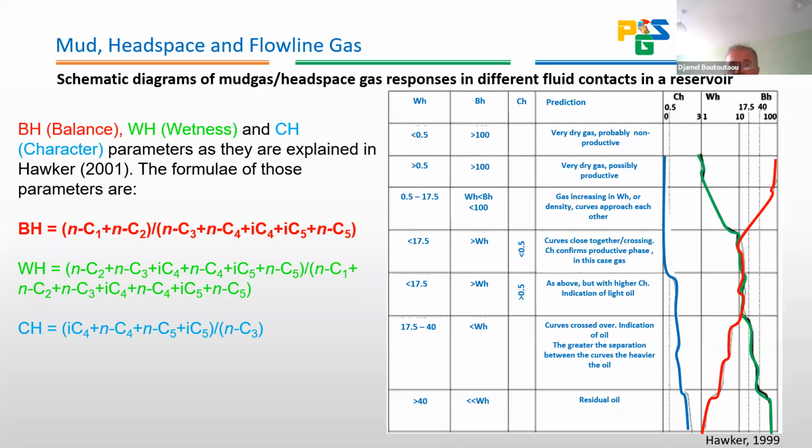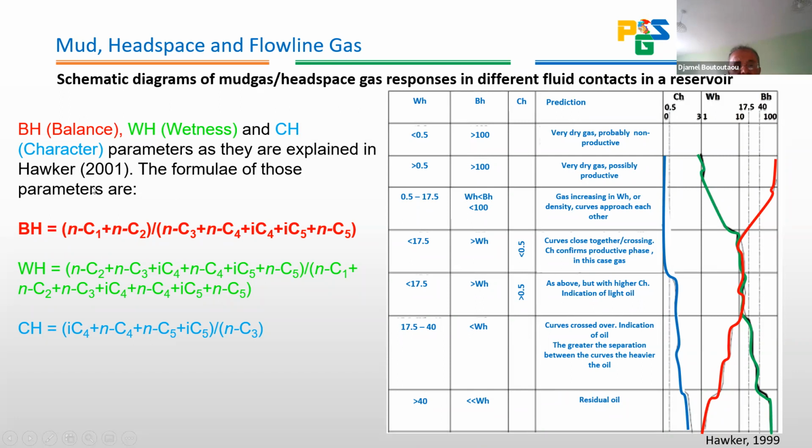Now, for the headspace or mud gas, how are these data used? This type of diagram is quite popular, showing the evolution of the balance, the gas wetness, and the gas character. So what is the balance?